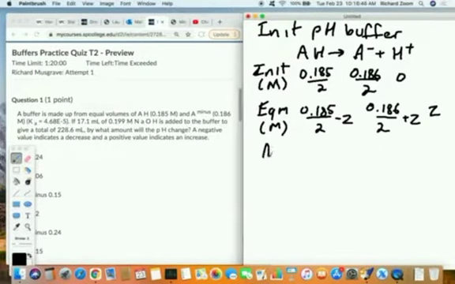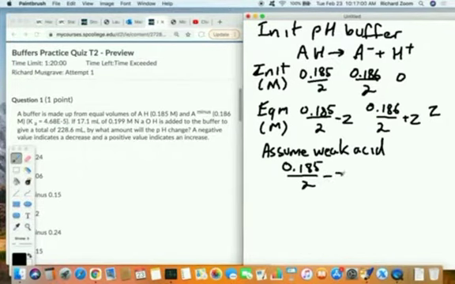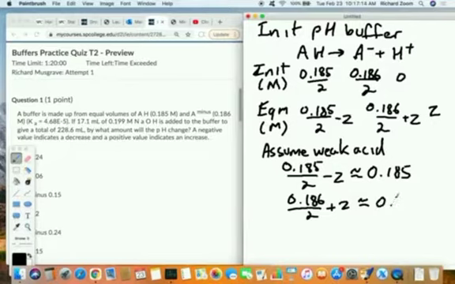Now, assuming it's a weak acid, and we can do that because it is a buffer, then 0.185 over 2 minus Z is going to approximate out to 0.185, and the 0.186 over 2 plus Z is going to approximate out to 0.186.